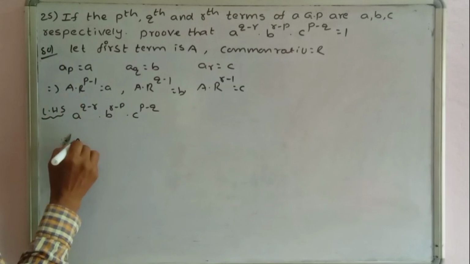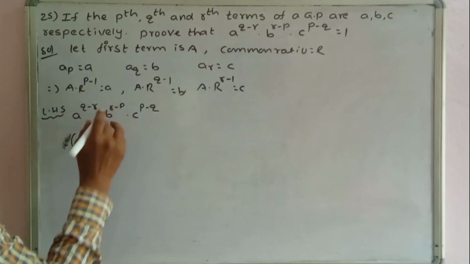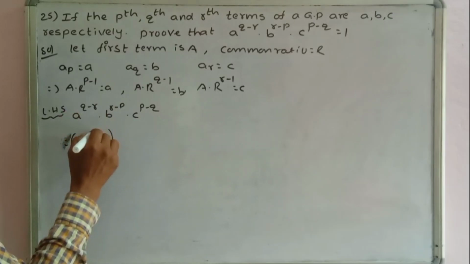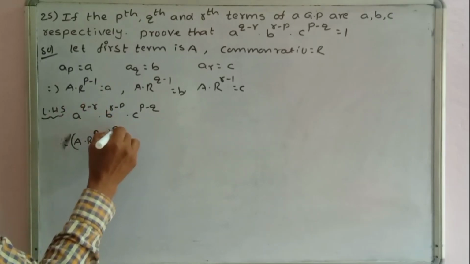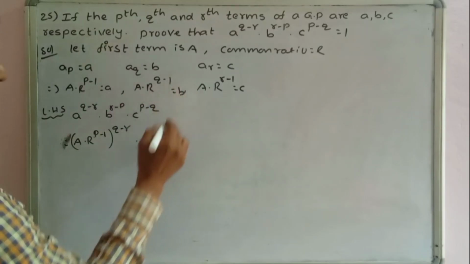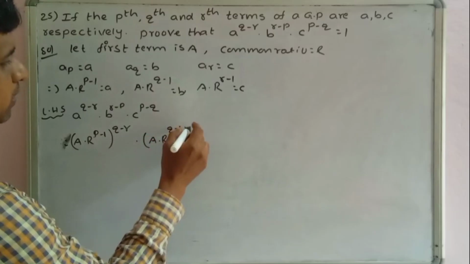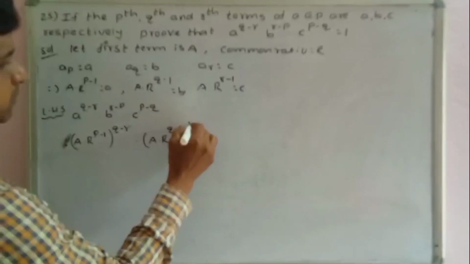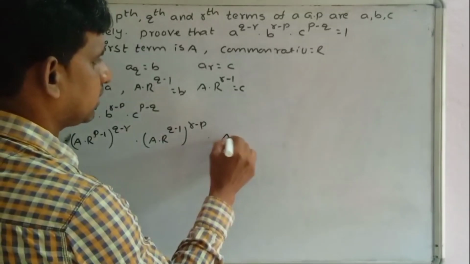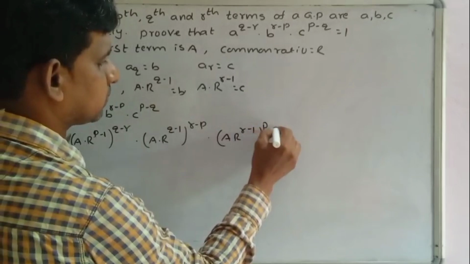A is A into R power P minus 1, whole power Q minus R. That multiplied with B value, A into R power Q minus 1 whole power R minus P. Here C value, A into R power R minus 1 whole power P minus Q.